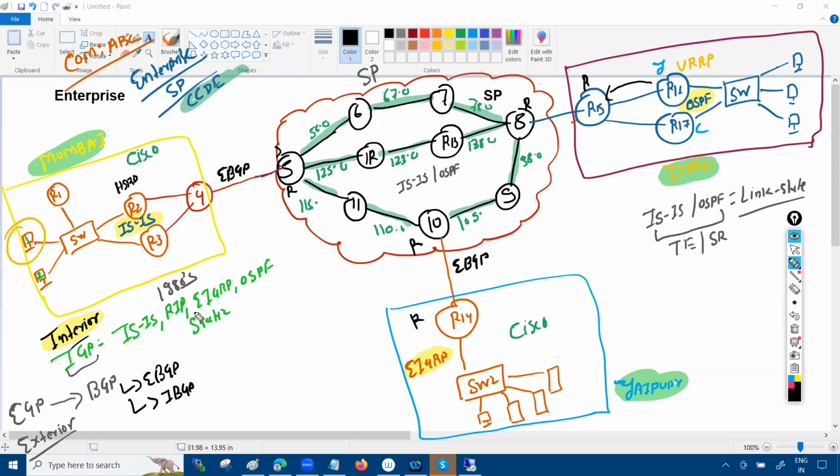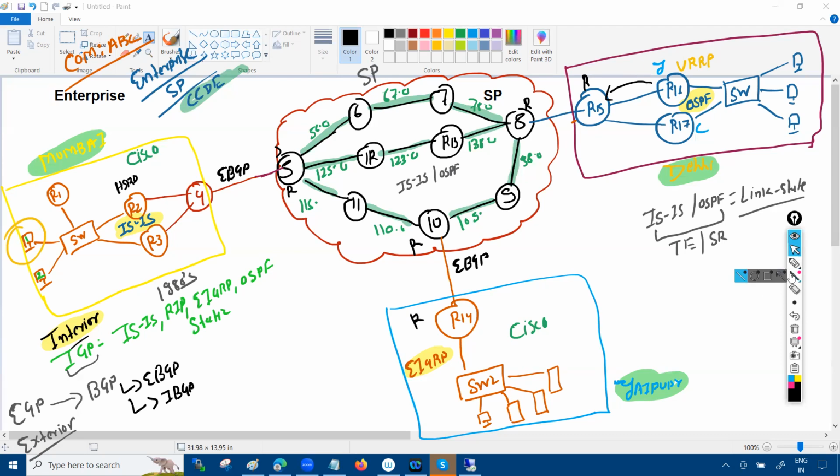But the major thing is whether the router, router 4 in this scenario, is able to handle that many routes. That's another point. That's why I said scalability.